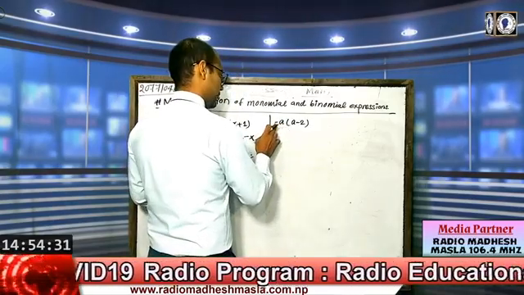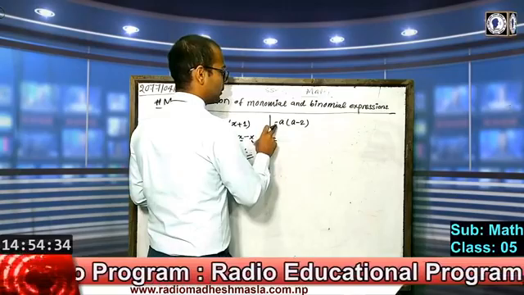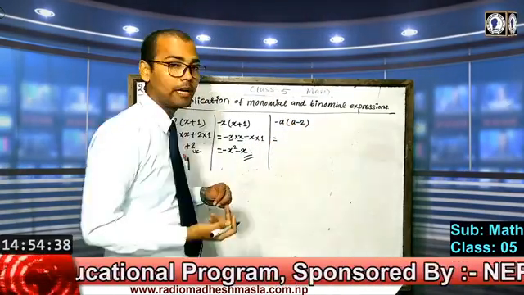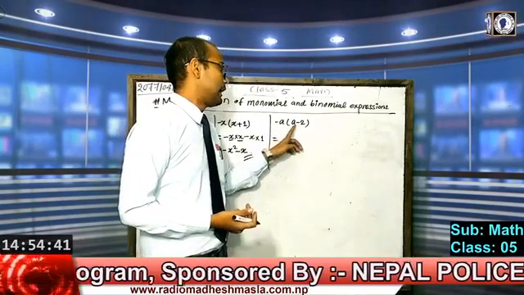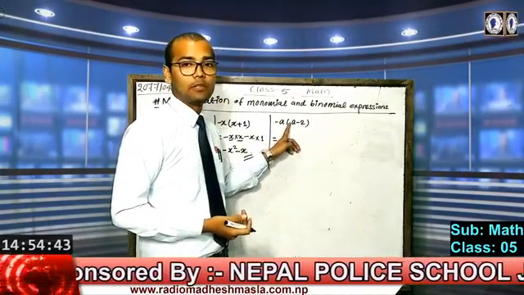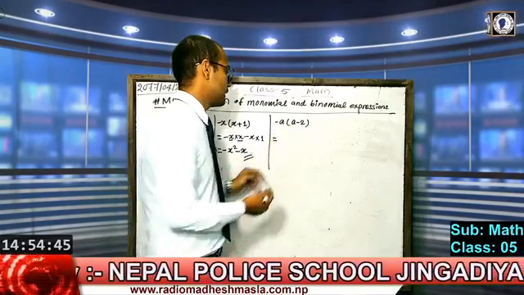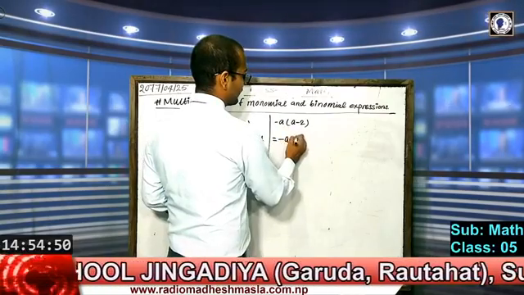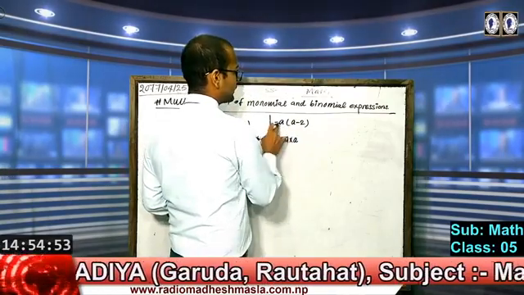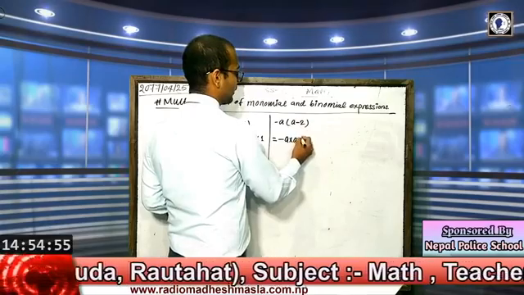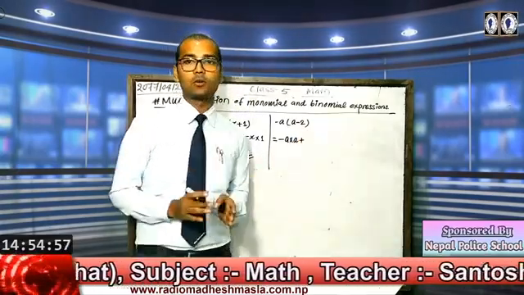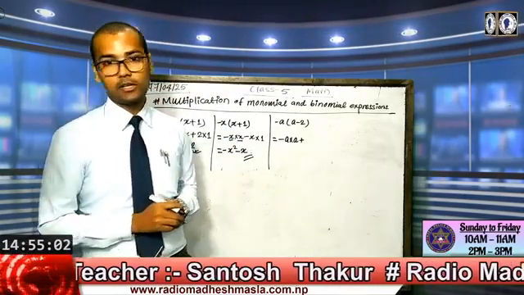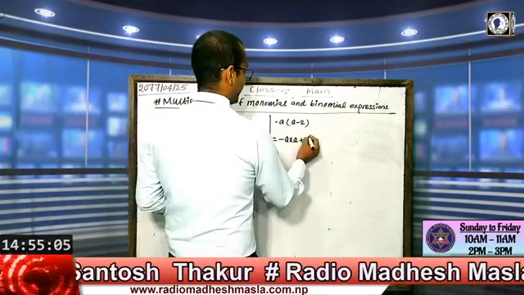There is a minus sign in the first monomial expression, and between the monomial and binomial there is no sign, which means a multiplication sign. In front of a there is no sign, which means a plus sign. So minus into plus is minus, and then a into a, then minus into minus is plus.